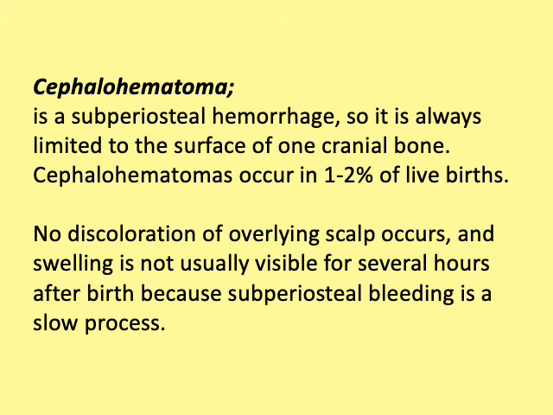It occurs in 1 to 2% of live births and it is not associated with any discoloration of the skin above it. This swelling is usually not seen soon after birth, but it takes hours to develop because of the slow process of oozing of blood in this limited area.